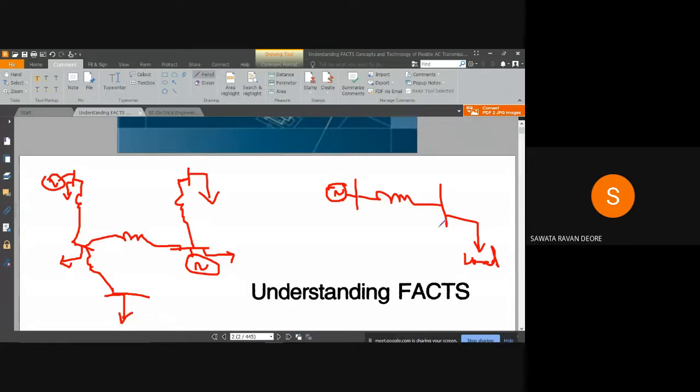What is the drawback of this isolated power system? Can anybody answer it? What are the limitations of such an isolated power system? It is like one residential building that is not connected to the utility grid.